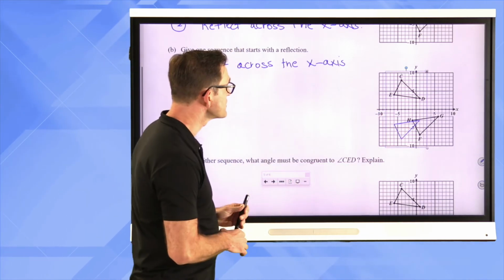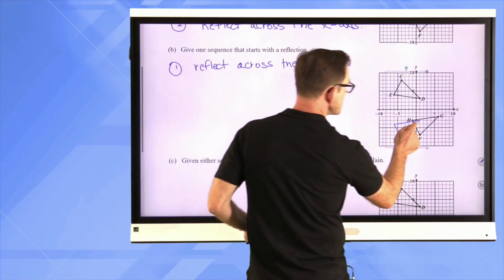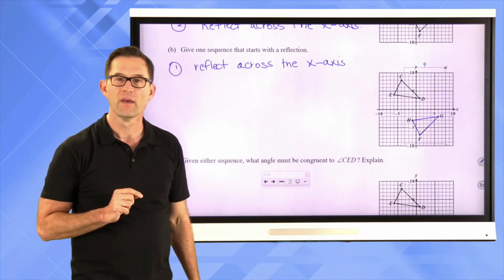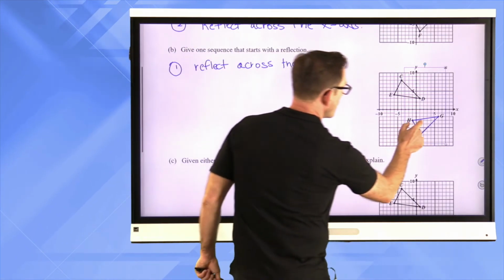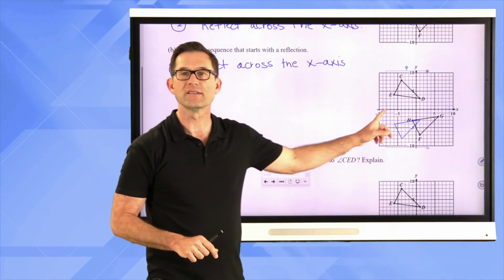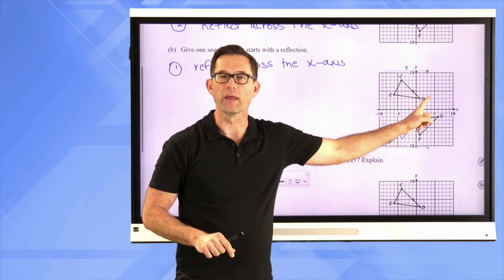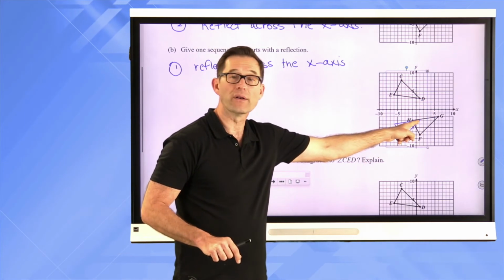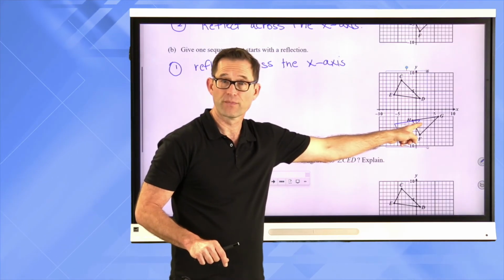Now, of course, once I've done that, what I want to do is take this point and slide it over so that it lands on G. So we've reflected it across the x-axis, and I can just really kind of track point D. Point D is sitting here at 1, 3. When I reflect it across the x-axis, of course, it ends up at 1, -3. Okay?